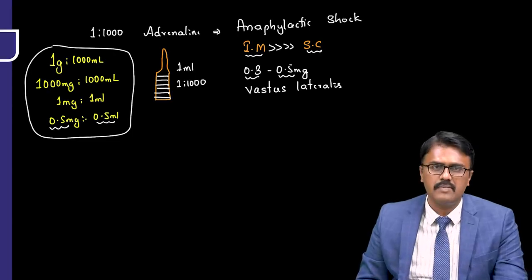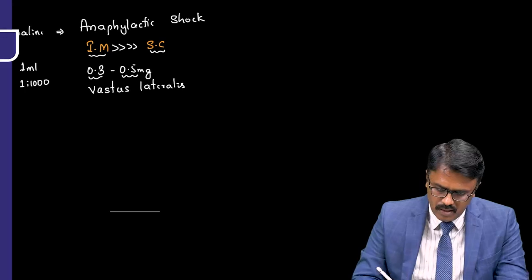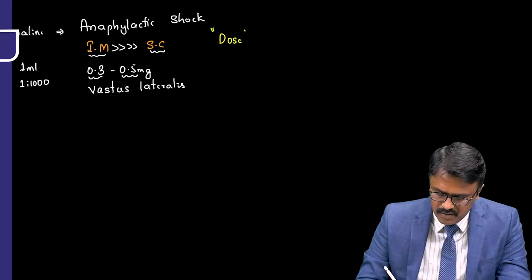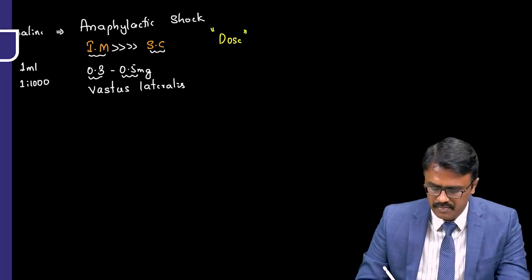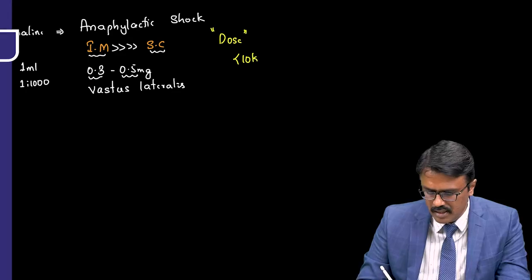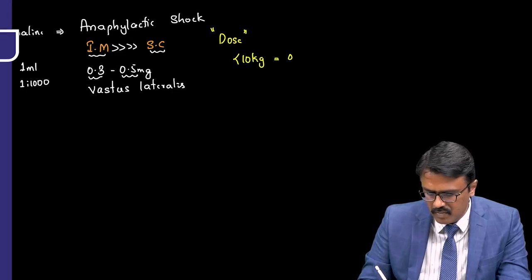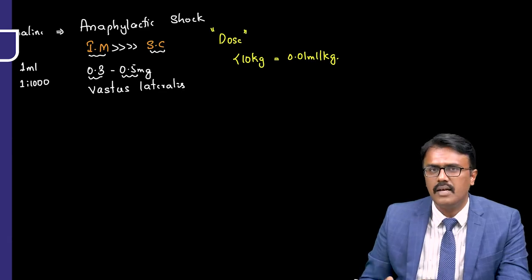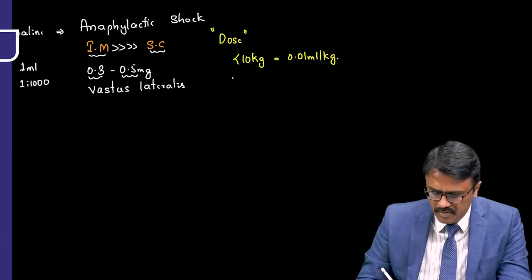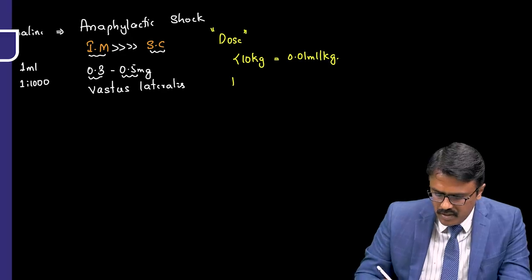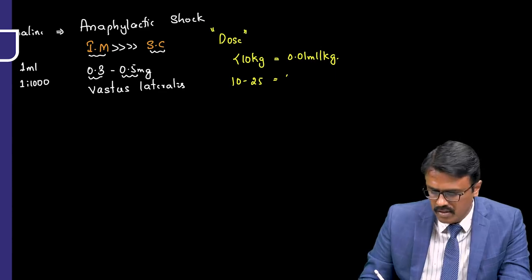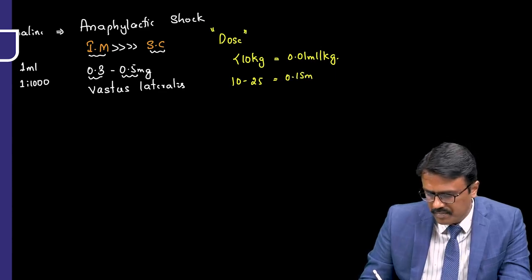And one more important aspect, you need to know the dose of adrenaline in anaphylactic shock. Let me tell you. If the child is less than 10 kg, it is 0.01 ml per kg. ml means milligram per kg, same thing. If it is between 10 to 25 kg, it is around 0.15 milligram.